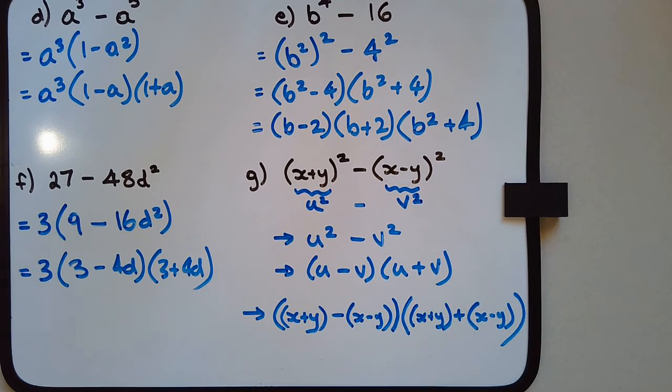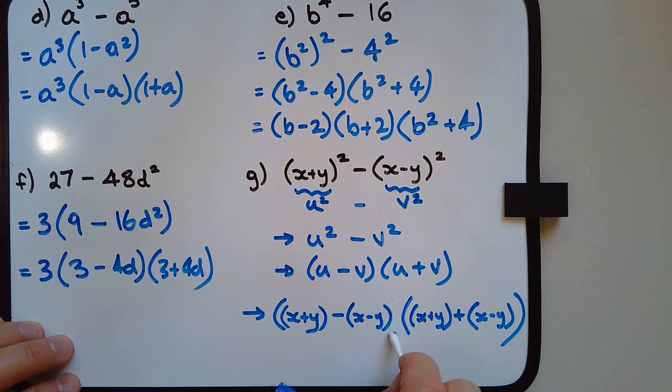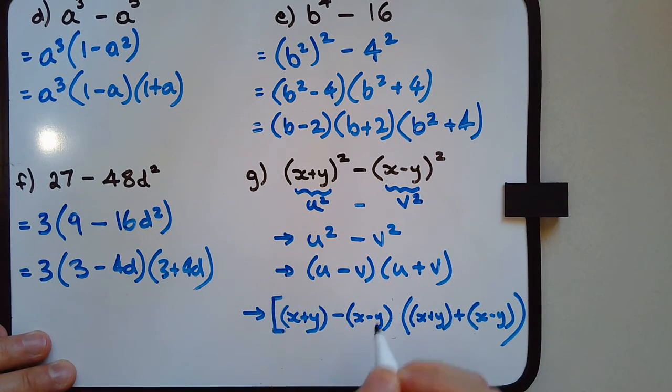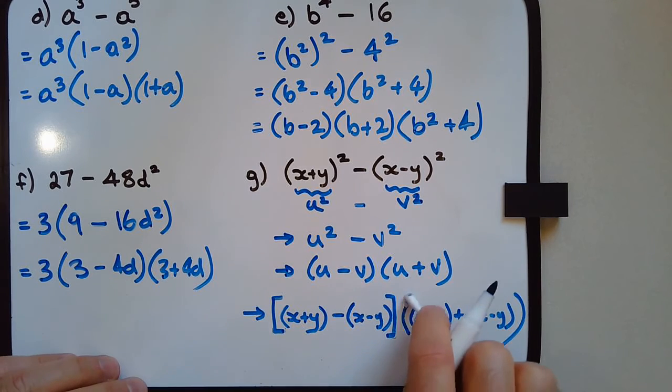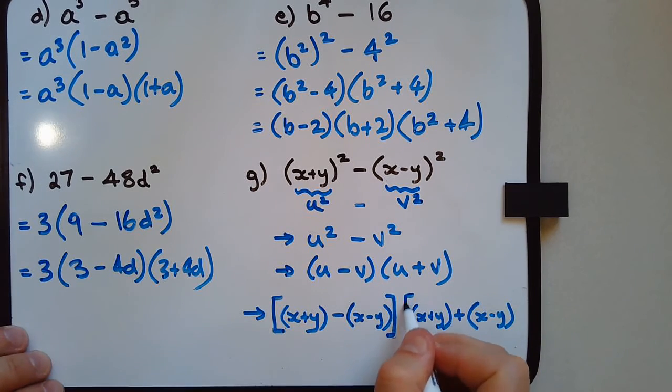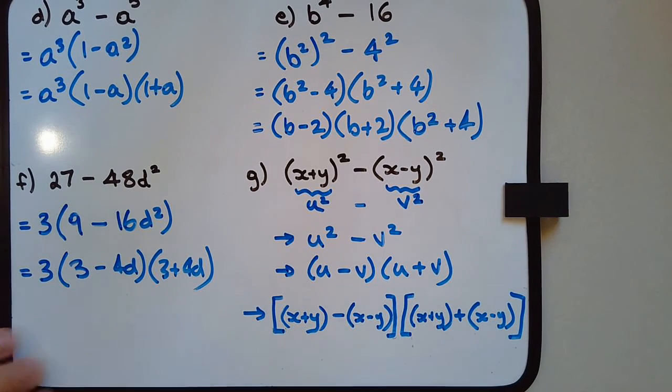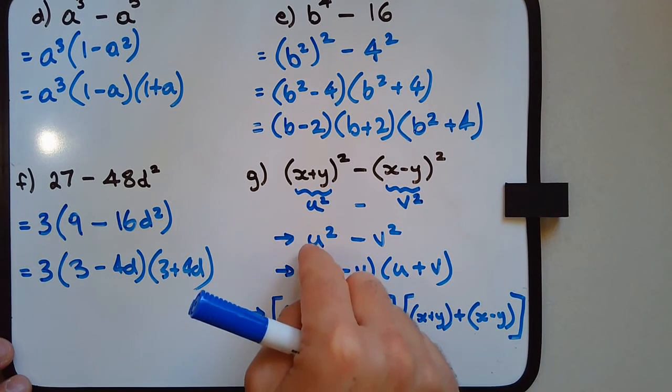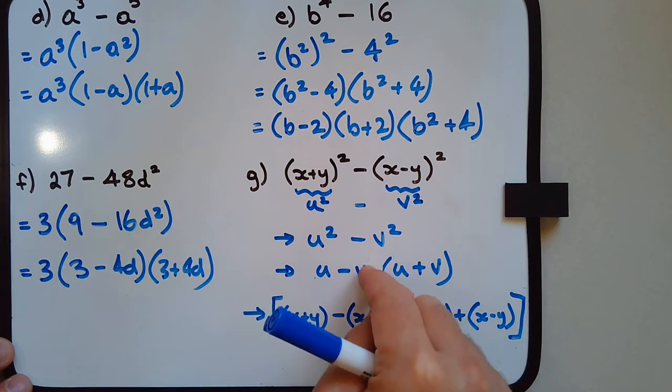Big brackets there. If you're finding that a little bit confusing, I'll make the outer brackets square brackets to make it easier for you to see this, because I think it's good for you to see what I'm doing here. So this is the u minus v in square brackets, and maybe I'll do the same here as well.